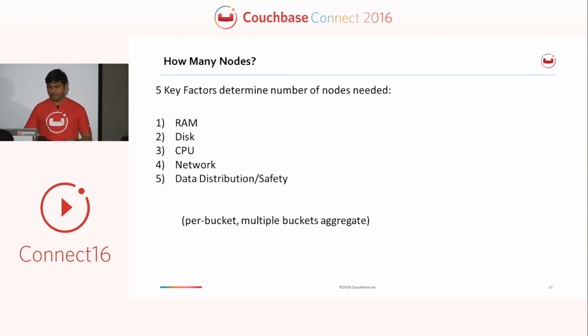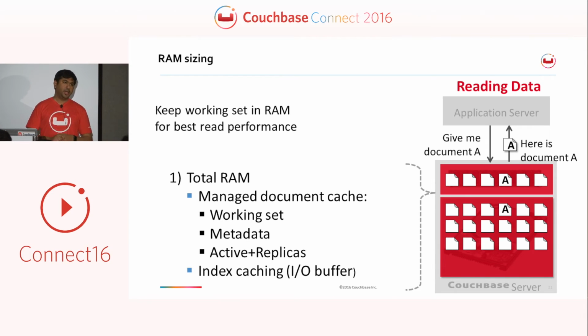If I have to start with RAM, it's very important to keep the working set in memory. When I say working set, I mean the total set of documents in memory. Couchbase being both in-memory and persistent, you want as many documents as possible in memory so that you can serve them from RAM. It's going to be super fast.